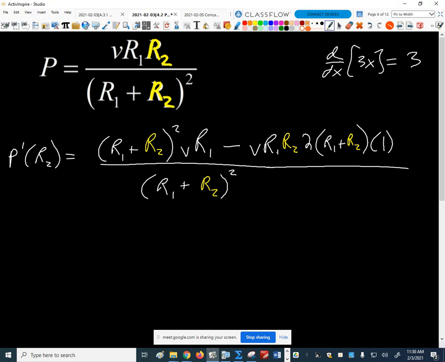So we could factor out, we've got some like bases, don't we? We could factor out what's that? Does the bottom need to be squared again? Oh yeah, it should be a fourth, shouldn't it? Whoops, you're right. We squared the bottom, so squared is fourth, okay? On the top, we could factor out this like base, R1 plus R2, and then we could also factor out a VR1, the constants.